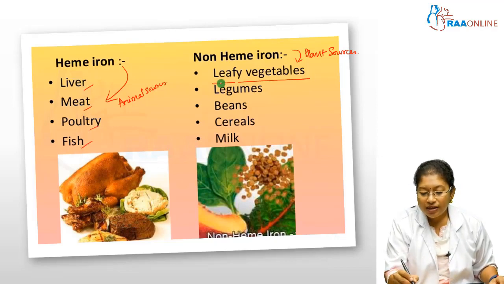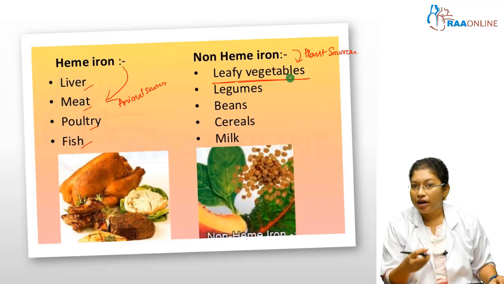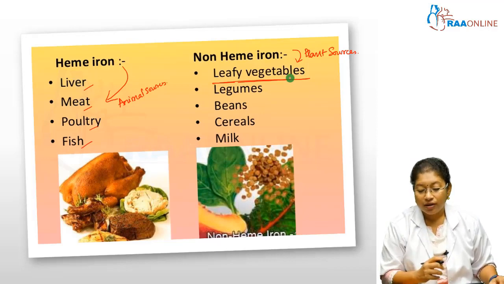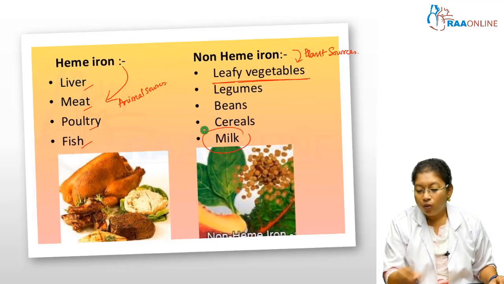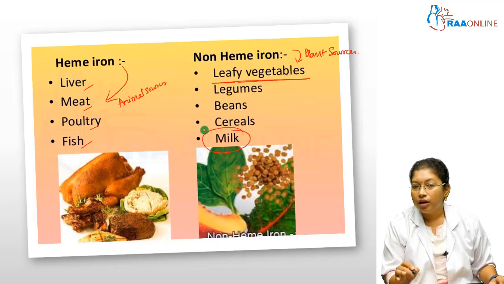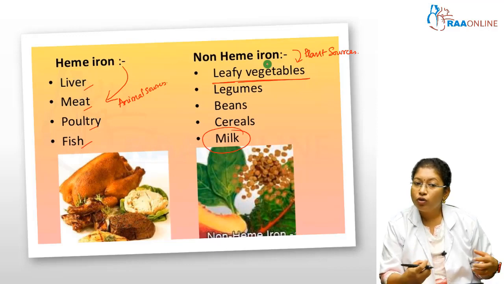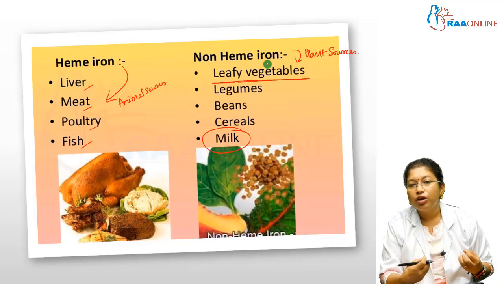Leafy vegetables have more iron content compared to cereals, legumes and pulses. Milk, although it is included in the non-heme iron sources, is a poor source of iron. Also, jaggery has a high content of iron, and also cooking food in iron utensils increases the iron content.